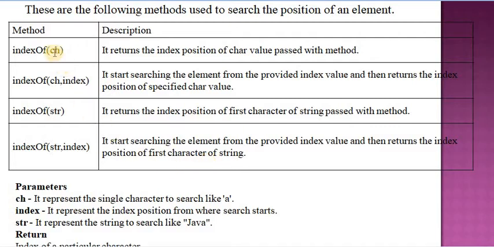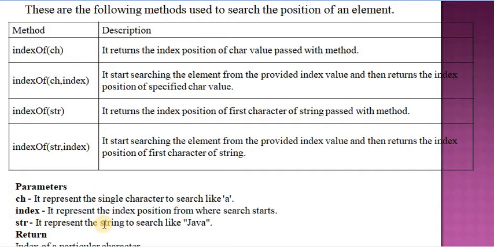These are the parameters. ch represents the single character to search, like A. Index represents the index position from where the search starts, which you can write as the second argument. str represents the string to search, like Java, and it returns the index of a particular character.